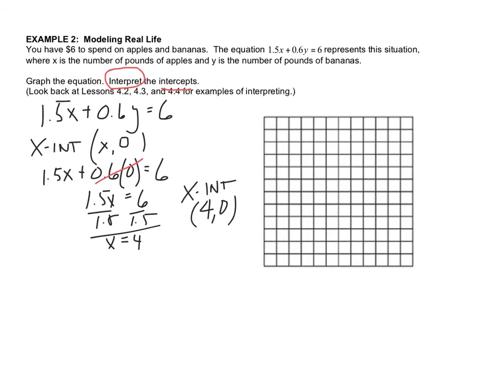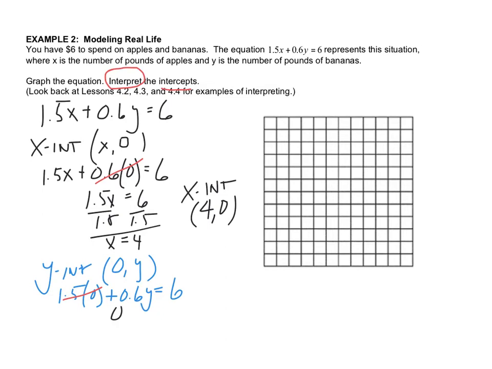So let's do my y-intercept. Now we know the y-intercept is where x is 0, but we don't know where the y is. So this time, where I see the x, I'm going to plug in a 0. That's going to cause this one to go to 0, so it disappears there.